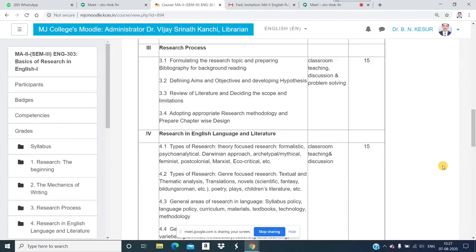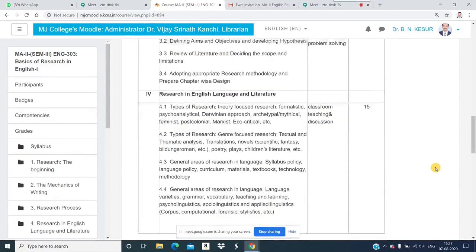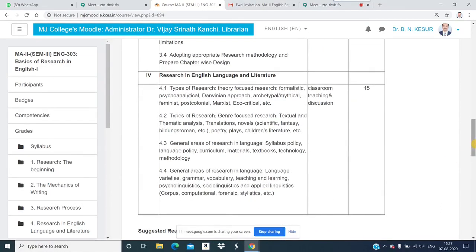So you can say that in the very beginning of his research work he is expected to talk about the methodological and theoretical strategies. That is given in such a way that chapter 1, chapter 2, chapter 3, chapter 4, chapter 5, like this. Then the fourth unit is research in English language and literature.